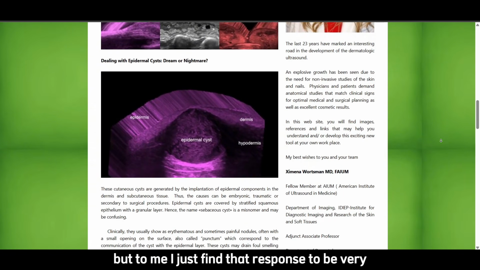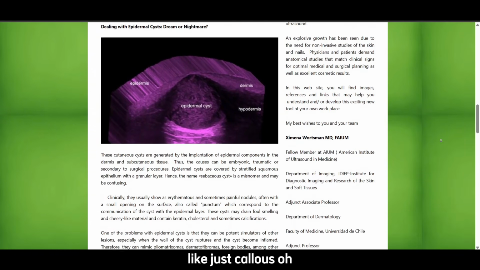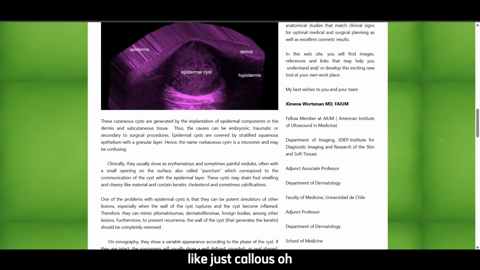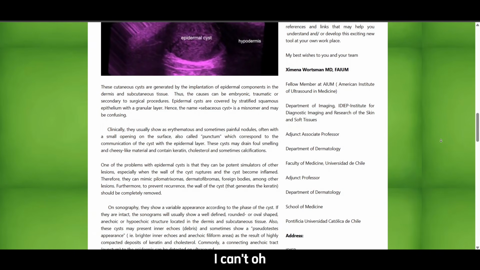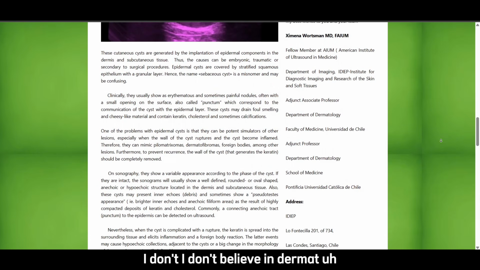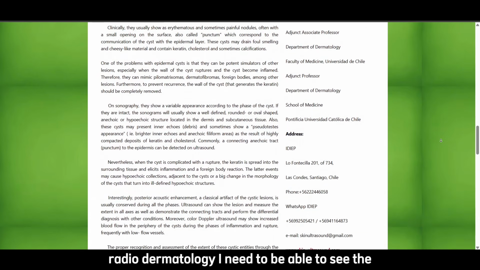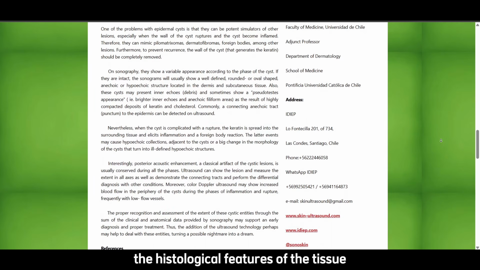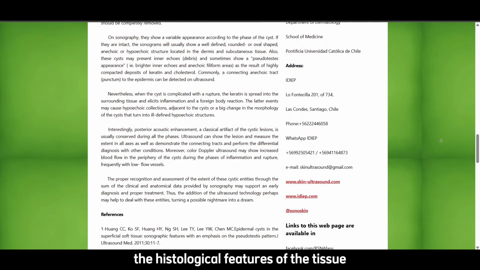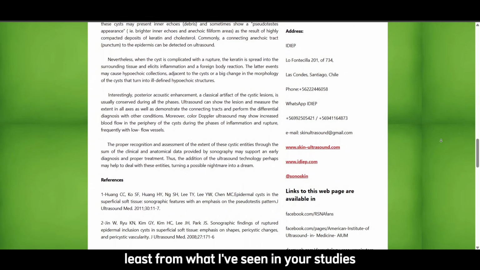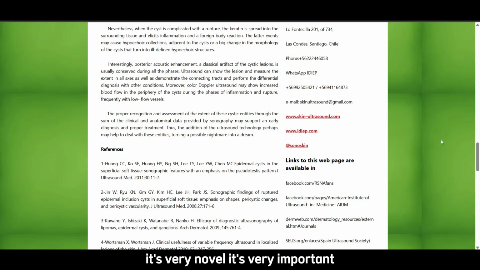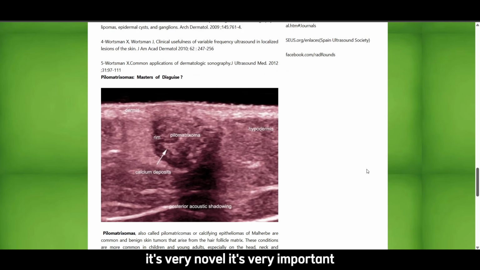But to me, I just find that response to be very callous. Like, I don't believe in radio dermatology. I need to be able to see the histological features of the tissue. The imaging, at least from what I've seen in your studies, is very novel. It's very important.